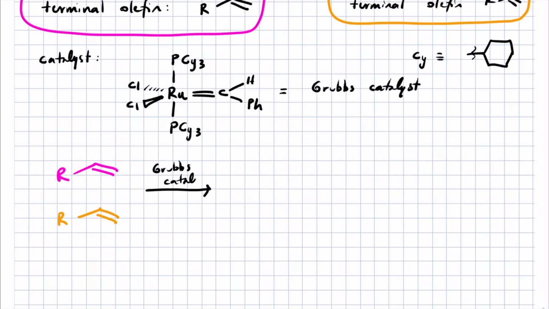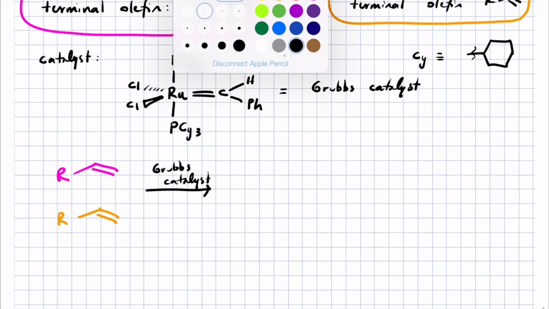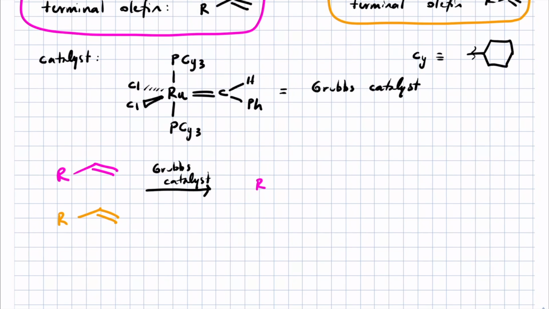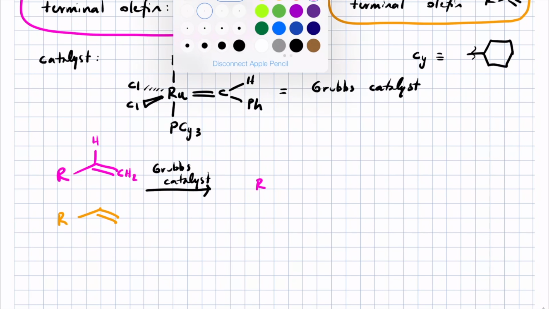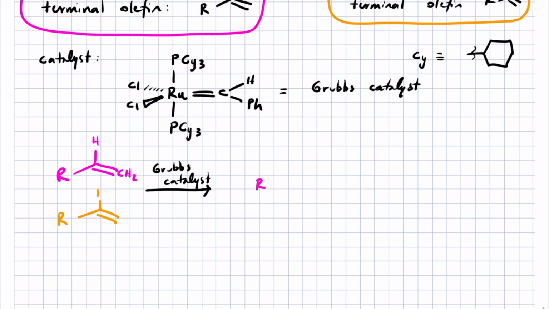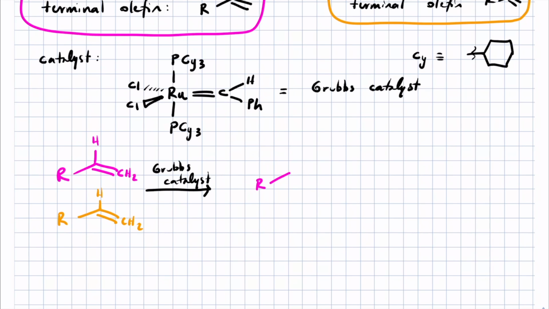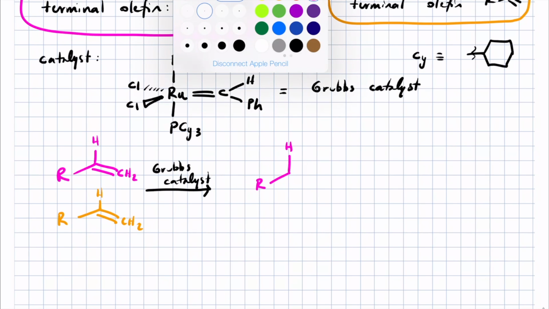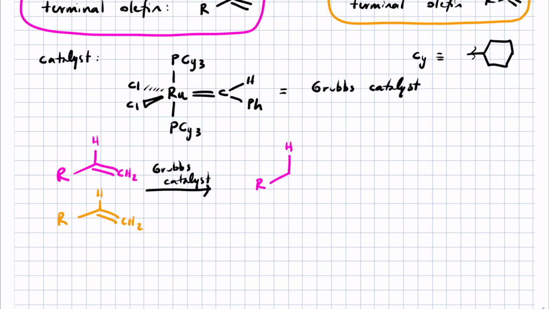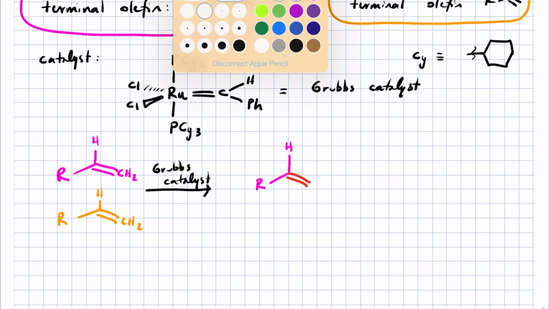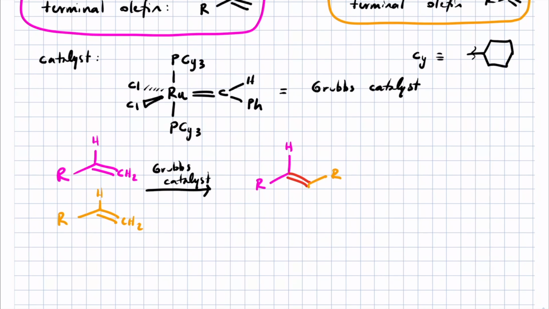The Grubbs catalyst is going to clip off the terminal CH2 group for each of those olefins and then attach the remaining carbons together.